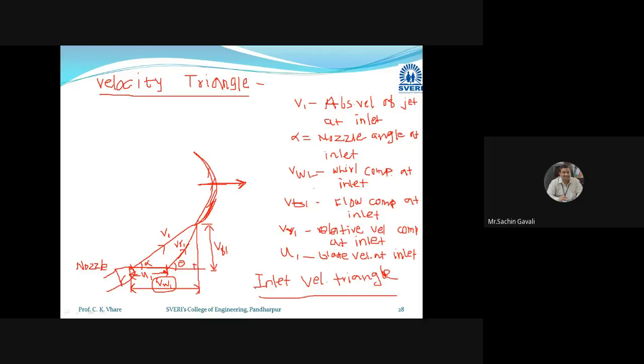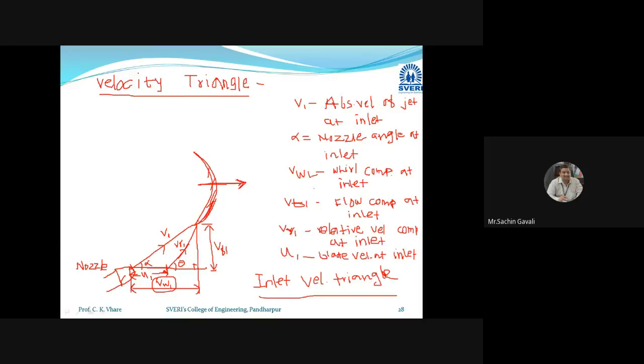Theta is the vane angle at inlet, because the relative velocity makes an angle with the horizontal. Understood? Please write in the message box, or if doubts are there, please ask. This is basic.